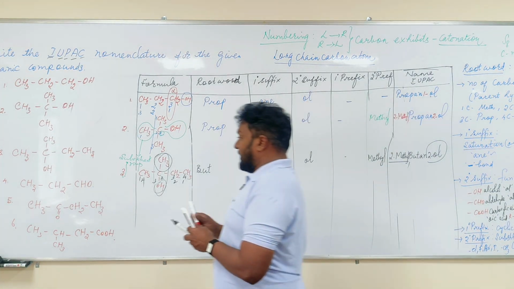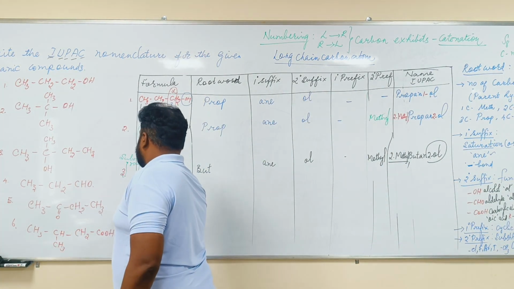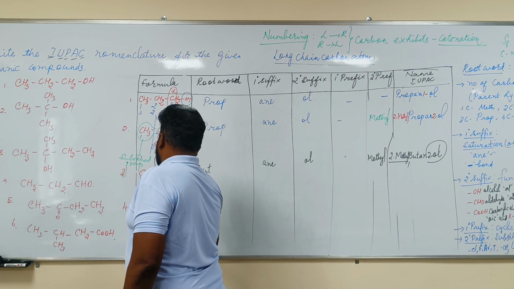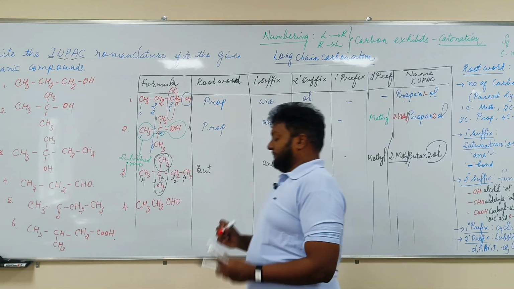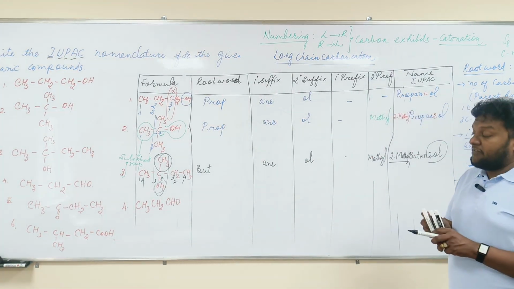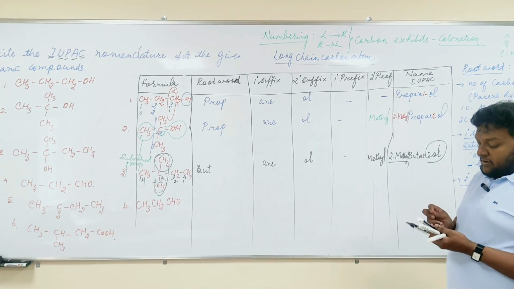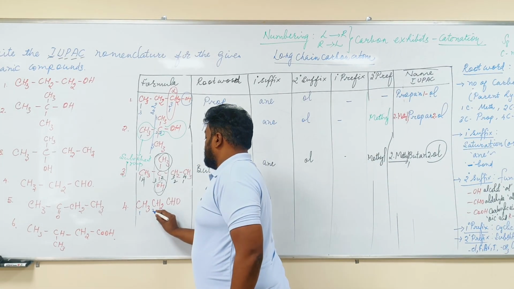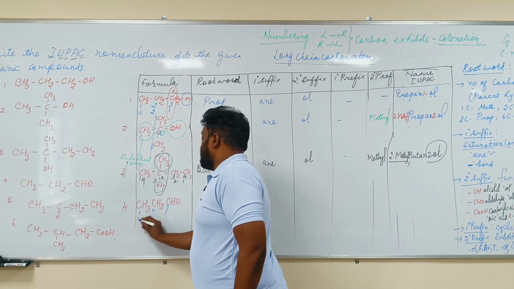Now we go to the fourth one. That is, fourth example you see, CH3, CH2, CHO. This is the fourth example. Now coming to this fourth example, what we have to write actually, numbering we have to give. So 1, 2, 3, again 1, 2, 3 carbon is there.